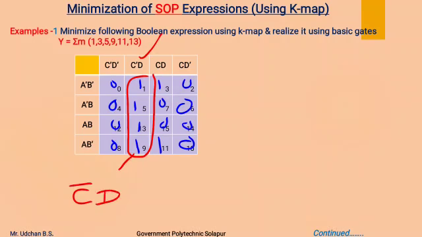After that this one is remaining and this one is remaining, so we will use them to form a chord as these two are adjacent with these two cells.